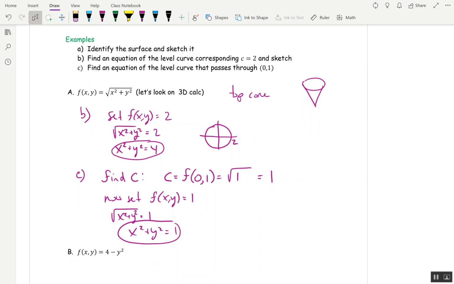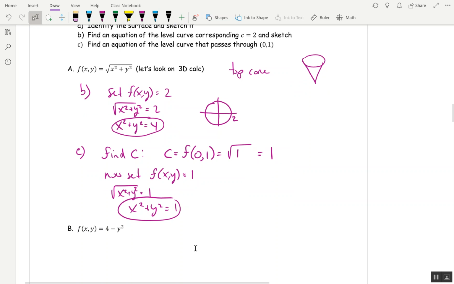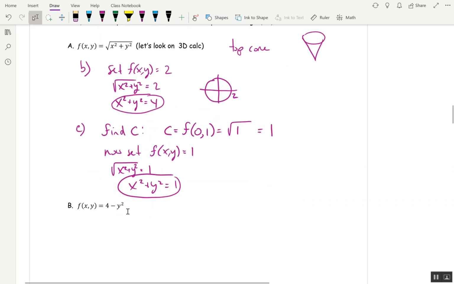F of x, y is 4 minus y squared. Okay, you may or may not remember from our lecture on quadratic surfaces, if there's a variable missing, you've got a cylinder. And so here I see that x is missing, so this is going to be a cylinder, and in order to graph this cylinder, I would look in the YZ plane, I would graph that curve.